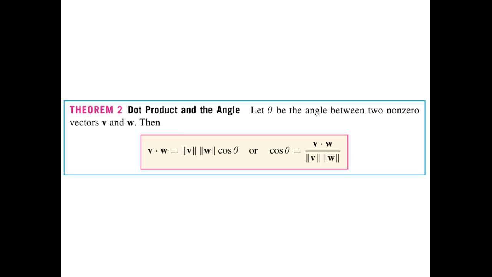Vector W is also a three-dimensional vector with components W1, W2, and W3. The dot product is defined to be the sum of the products of the corresponding components: V1 times W1 plus V2 times W2 plus V3 times W3. Notice it's a scalar. Multiply two vectors together using a dot product, you get a scalar, a number, not a vector.